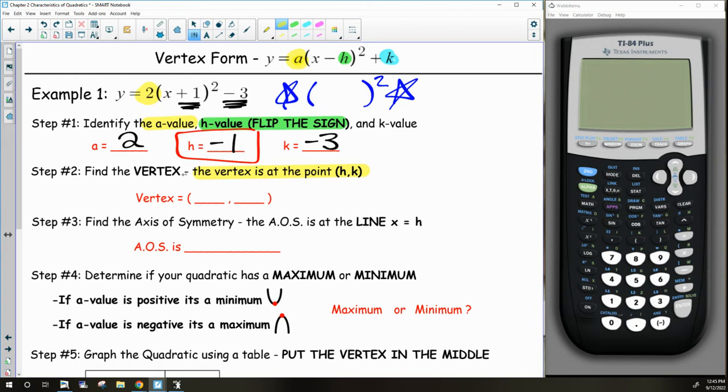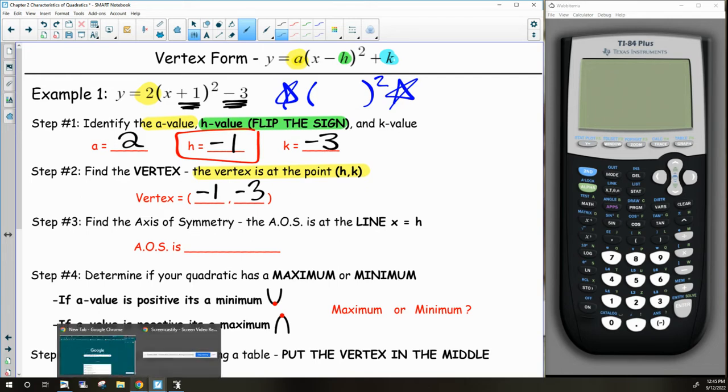So we know H is -1 and K is -3, which means my vertex is at the point (-1, -3). Which makes sense. That was pretty easy to find the vertex, wasn't it? Which makes sense because what is this form called? The vertex form. It's called that because when you just look at the numbers that make it up, you can tell what the vertex is. So H was -1, K was -3. That's our vertex. (-1, -3).